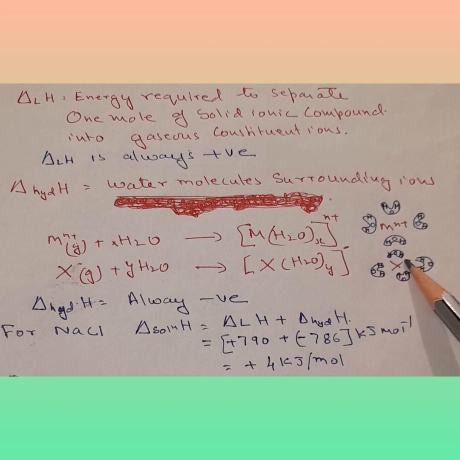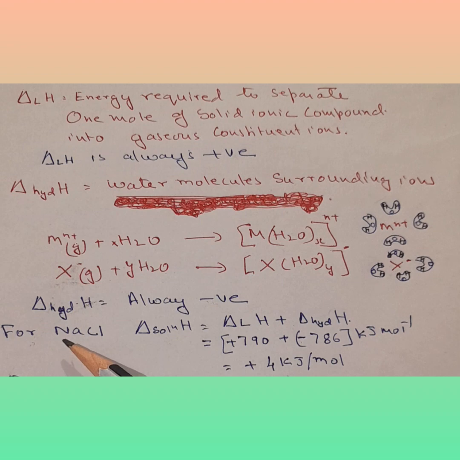Because the anion is negatively charged, so the delta positive hydrogens face towards the anion. So this is how hydration occurs in case of cation and anion. Another important aspect is that hydration enthalpy is always negative.